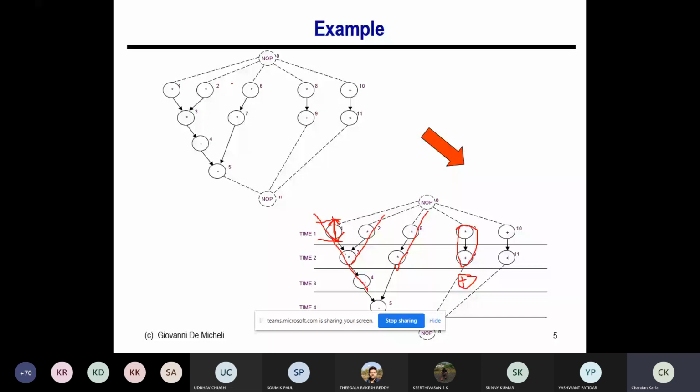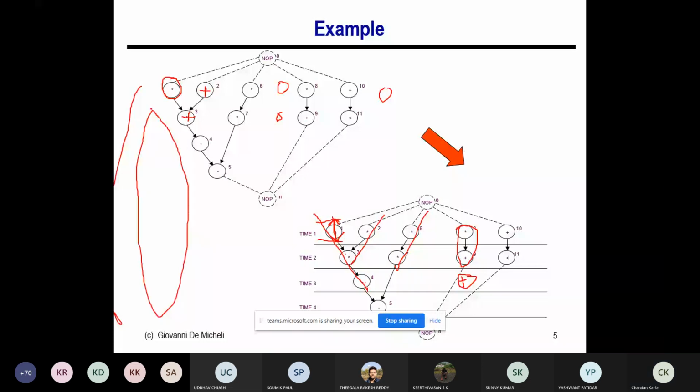You keep your multiplier busy for 10 cycles, but in the other 9 cycles you do 9 other addition operations. Suppose in this design you have only one multiplier and these are all adders, and there are many other adders here. I can keep my multiplier busy for 10 cycles, and keep doing the other addition operations in parallel. Then I will have a benefit.